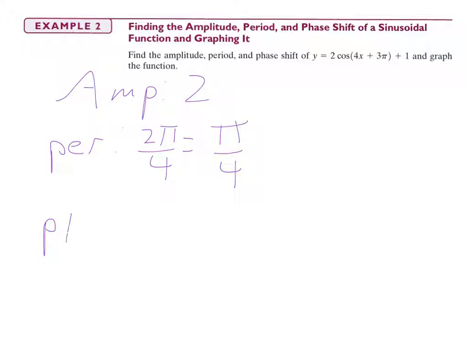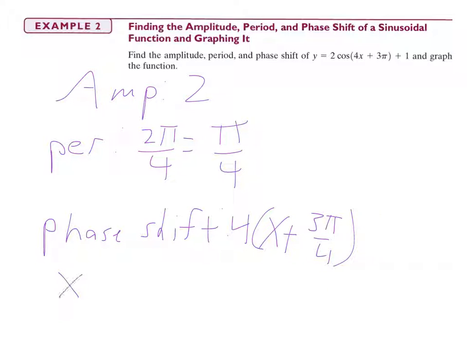And then the phase shift, you factor out the number in front of x, so it'd be 4 times, open parentheses, x plus 3 pi over 4. So you take this x plus 3 pi over 4, you can set it equal to 0, which means x is equal to negative 3 pi over 4.